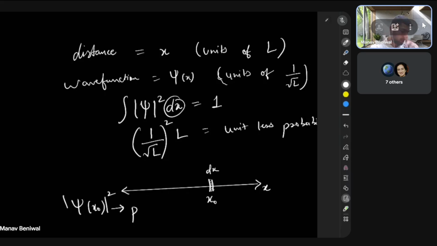So the probability that your particle is in this region is given by your psi square. So at any x your wave function is telling, indirectly, what is the probability that your particle is in that position.